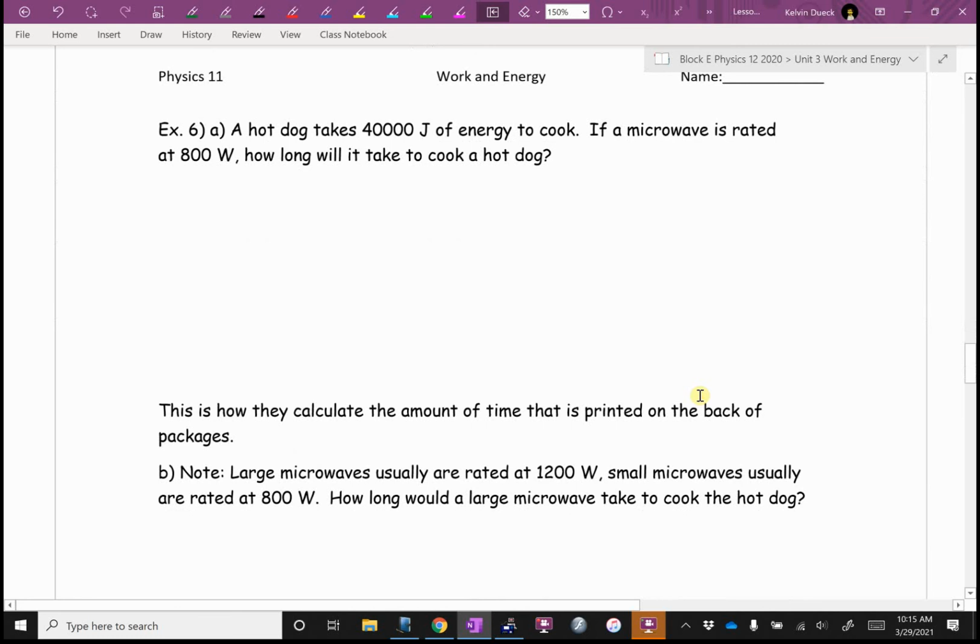Example 6. A hot dog takes 40,000 joules of energy to cook. If a microwave is rated at 800 watts, how long will it take to cook a hot dog? Grace, what's this question asking me to find? Time. What's that 40,000 joules? Work.